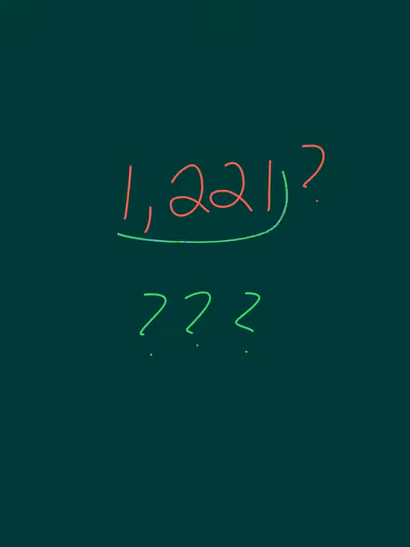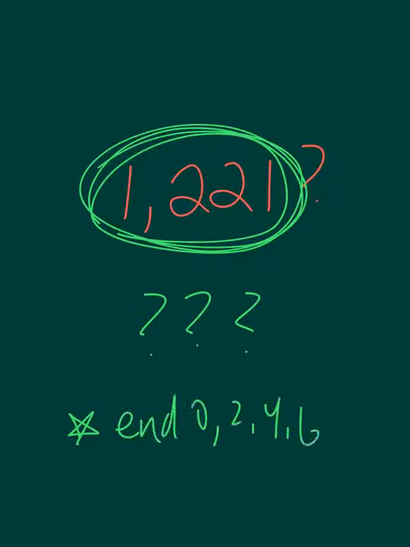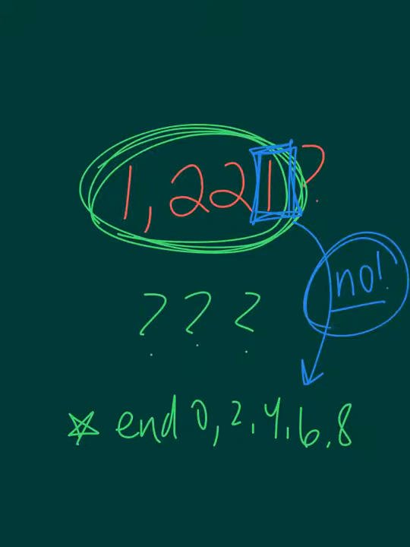Now this is a really big number, so we don't want to have to list out all the multiples of 2 until we get to 1,221. So that's where that second rule of does it end in a 0, 2, 4, 6, or 8 comes into play. Well, in the ones place, we have a 1. Is that in this list? No. So that means that this number would not be divisible by 2.